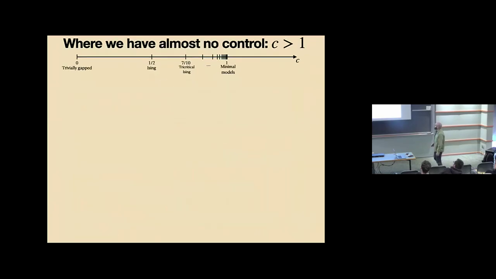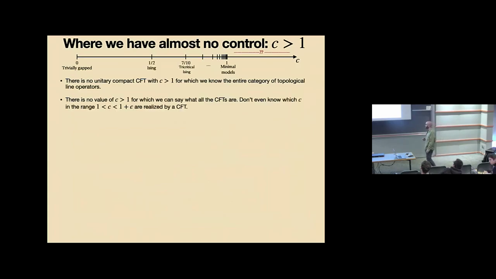Okay? So when c is greater than 1, it's sort of the opposite situation. We know almost nothing. So for example, I claim there's no unitary compact CFT with central charge greater than 1 for which we know the full category of topological line operators.